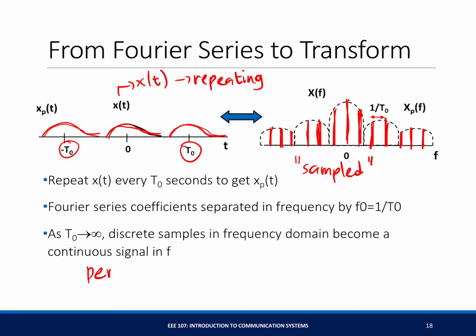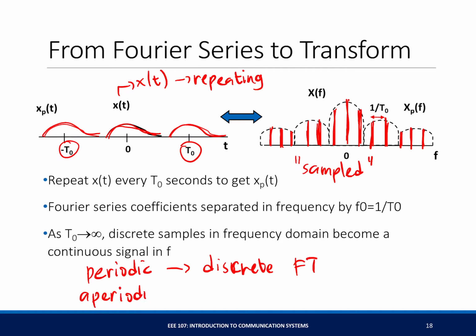Basically, if you have a periodic signal, as we have shown in the previous meeting, you get a discrete Fourier transform. You have a series of delta functions to represent your periodic signal in the frequency domain.